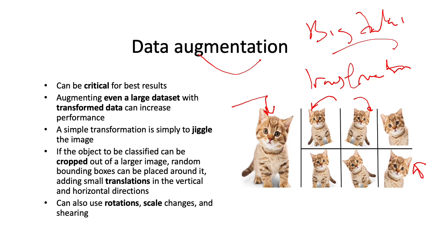Even if you rotate to the left or right, you can still see a cute little kitten. When you zoom in or out, you can still recognize a kitten. So with small transformations to your input data, you make the size of your data set bigger, but in reality, you're just transforming the original set. If you start with just one image, you end up multiplying it by 6 using data augmentation operations.